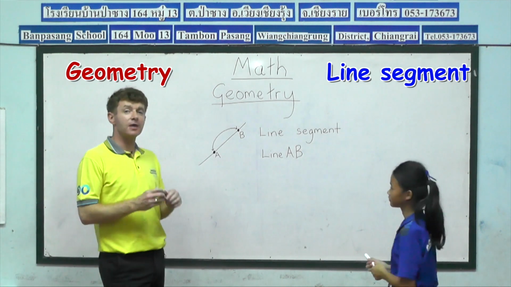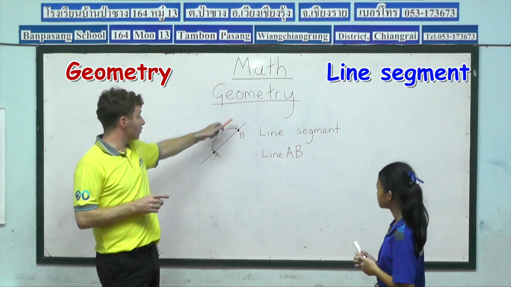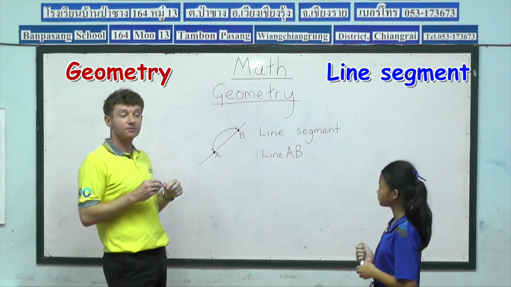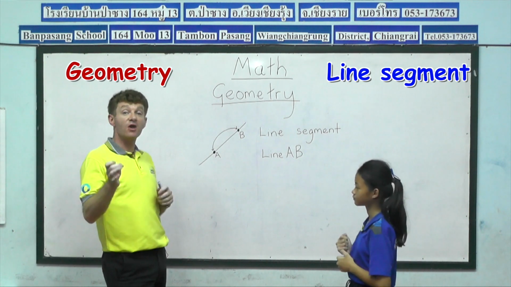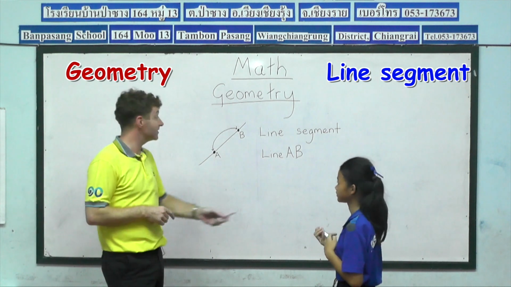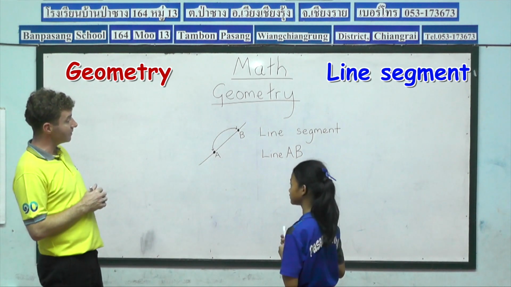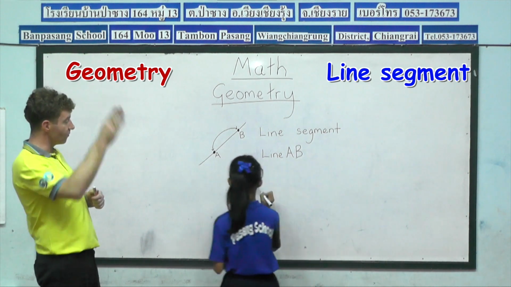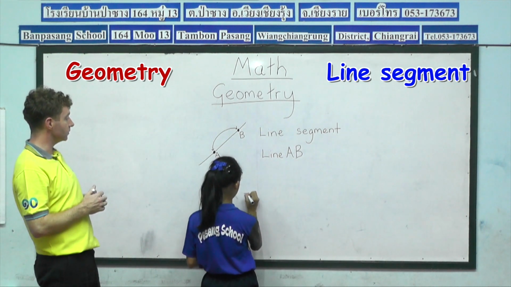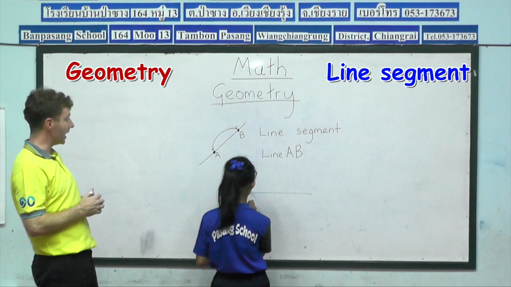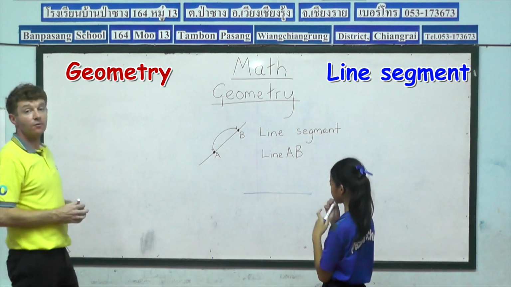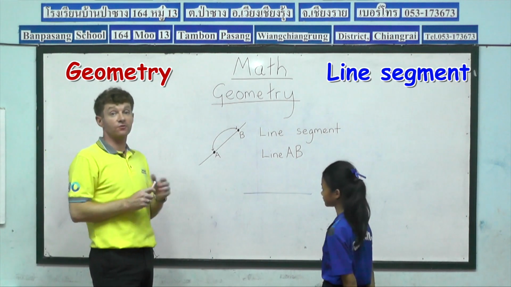What's the first thing we need to draw if we're going to have a line segment? The first thing we need to draw is a line. So Dan, can you draw a line for me? Any one you wish, vertical, horizontal, or diagonal. Excellent. So now we've got a horizontal line.